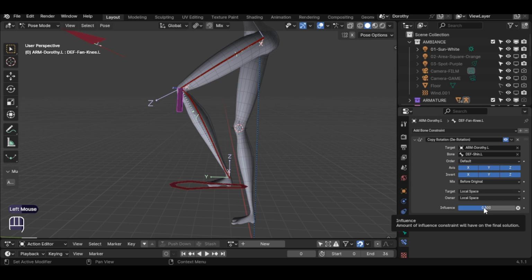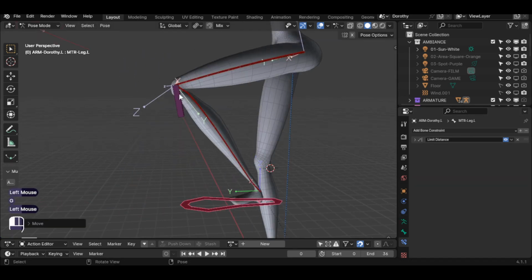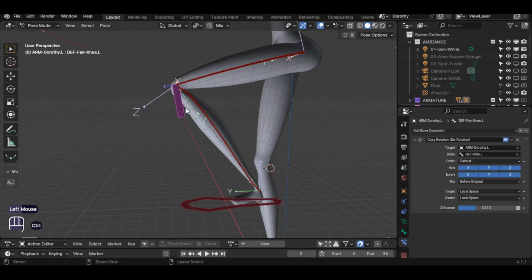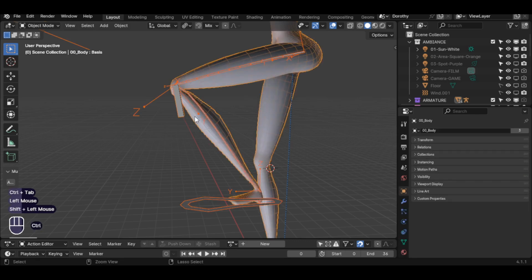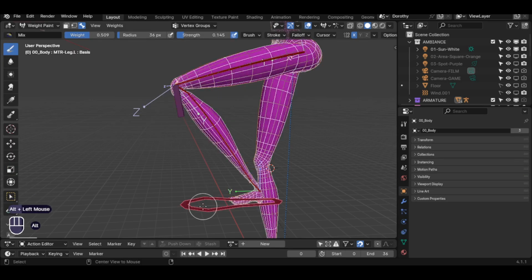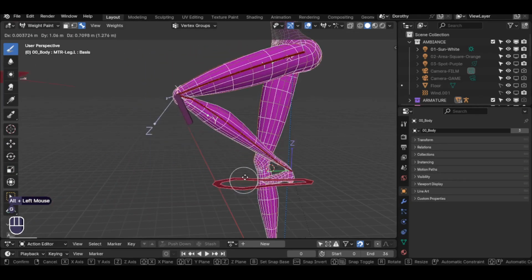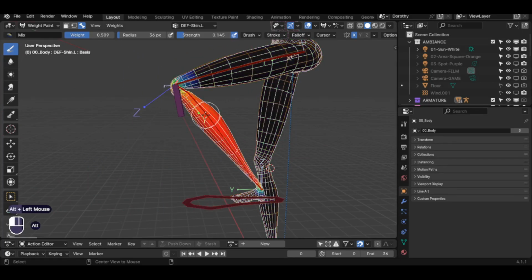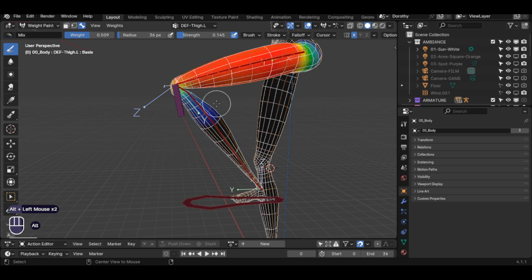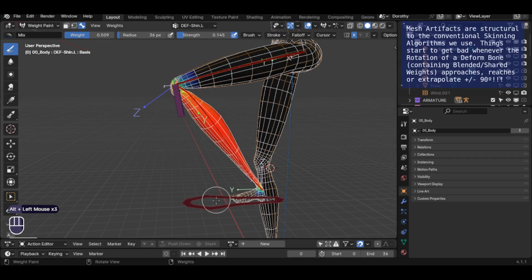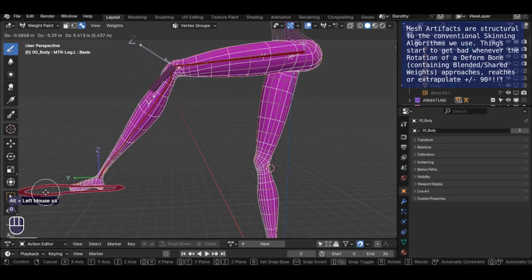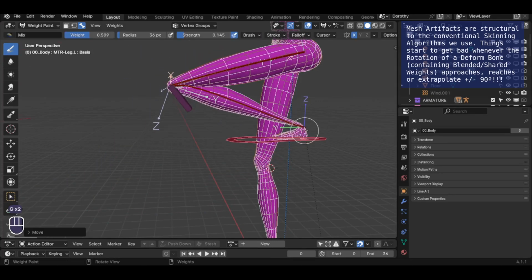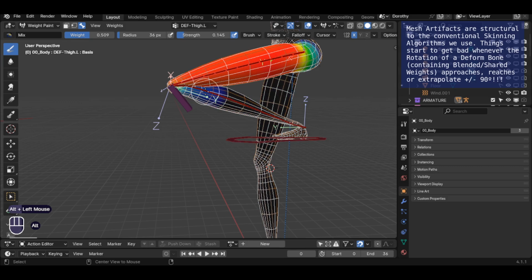And why does that matter? Well, it's because the fan bone, here working as a deform bone, is responsible for derotating a portion of the mesh on the joint. So that will prevent, or help prevent, some artifacts generated on the joint region caused by excessive rotation of the deform bones, one in relation to the other.